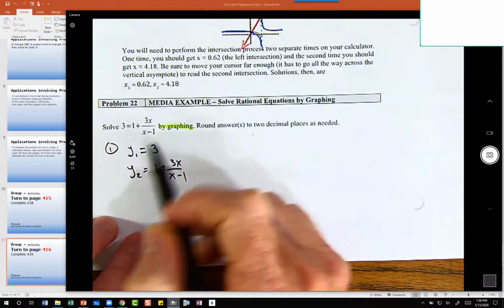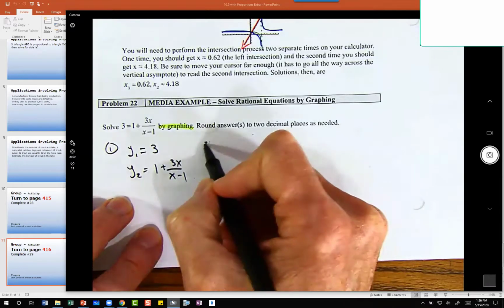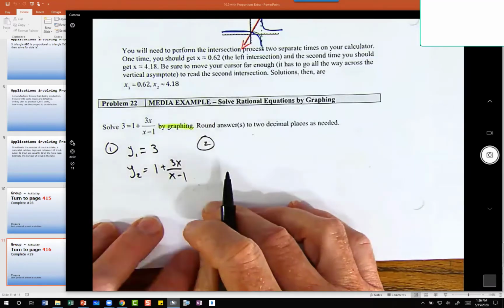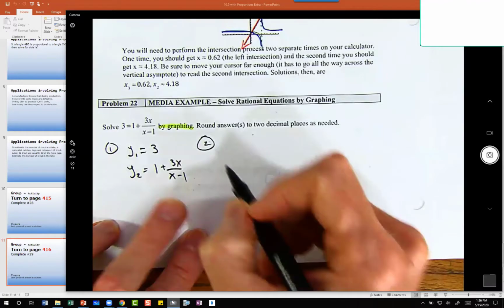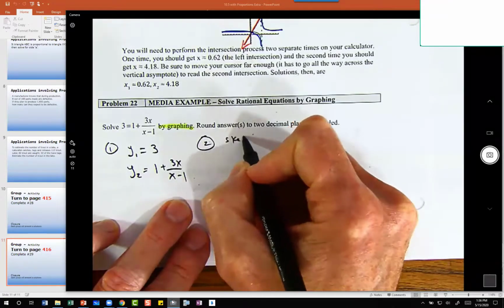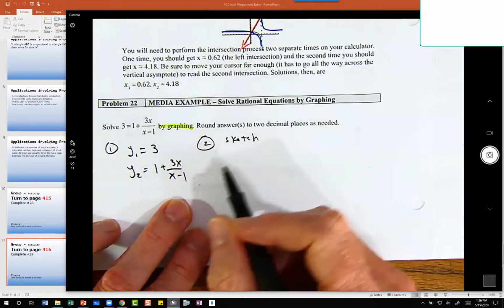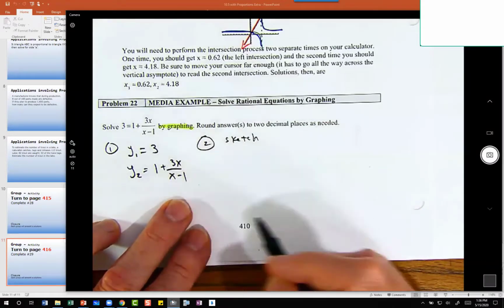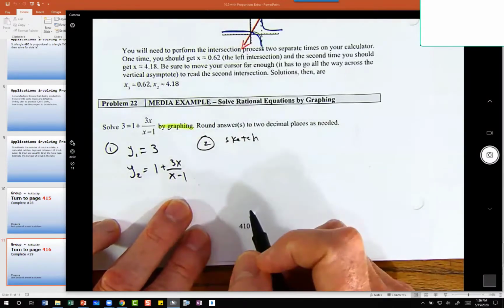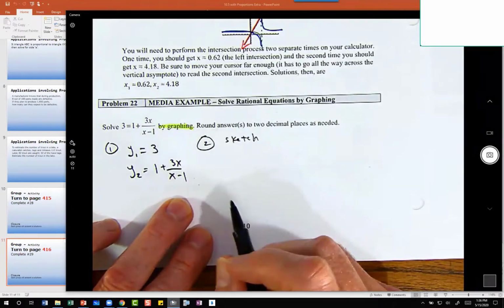Right? That looks familiar. We've done that before. And then the second step is the actual sketch. You're going to sketch it. It doesn't have to be a perfect, beautiful sketch. It just has to show the rough idea, the window parameters, and the intersection point.